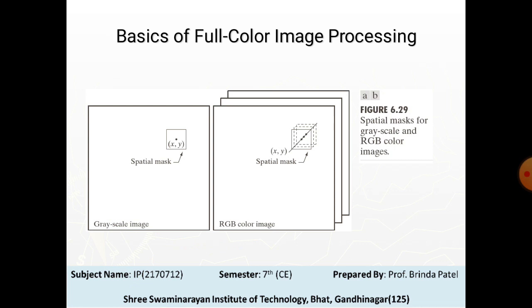As an illustration, this figure shows the neighborhood spatial processing of grayscale and full color images. Suppose that the process is neighborhood averaging. In figure A, averaging would be accomplished by summing the intensities of all the pixels in the neighborhood and dividing by the total number of pixels in the neighborhood.